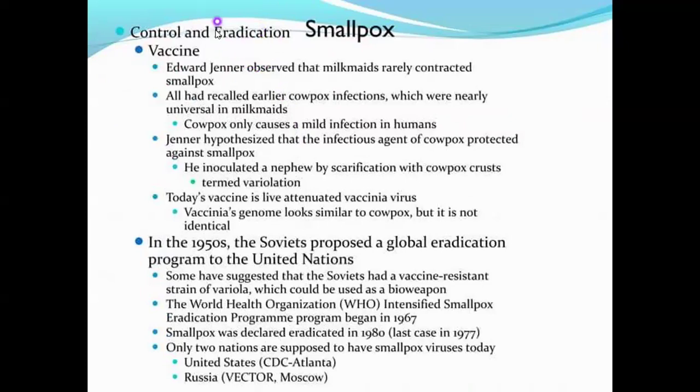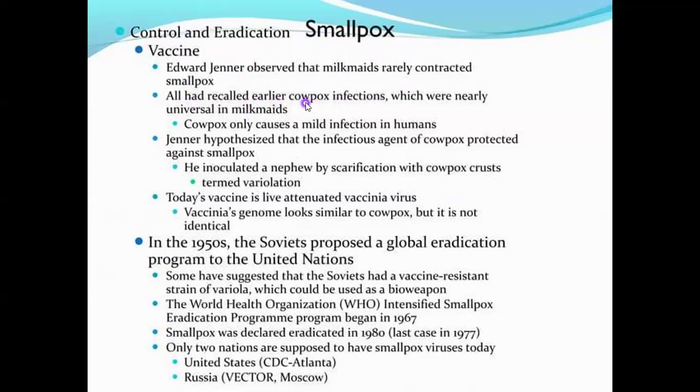The vaccine was developed in a very interesting way. Edward Jenner observed that milkmaids rarely contracted smallpox. Milkmaids are people who, back in the early days, used to milk the cows. So he wondered, why are these milkmaids not getting smallpox? All had recalled an earlier cowpox infection, which was nearly universal in milkmaids.